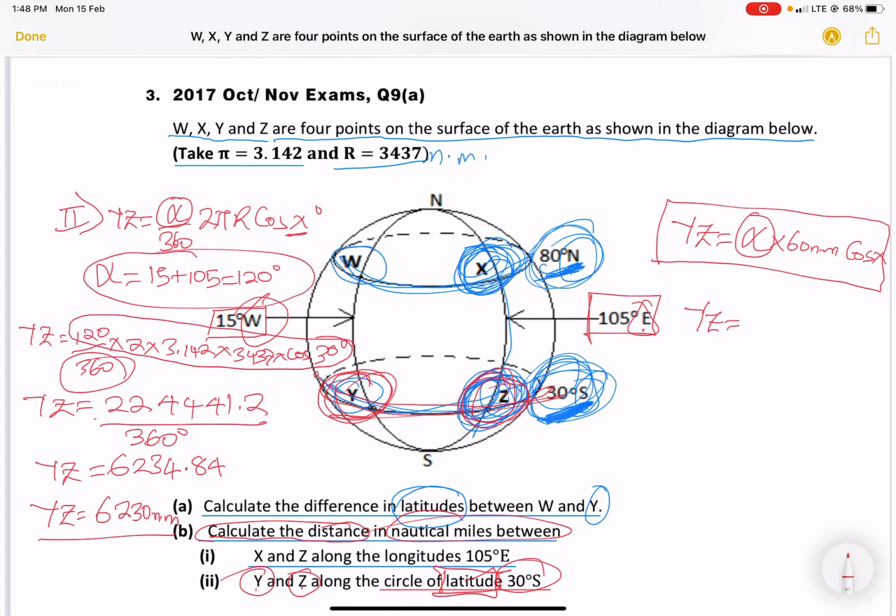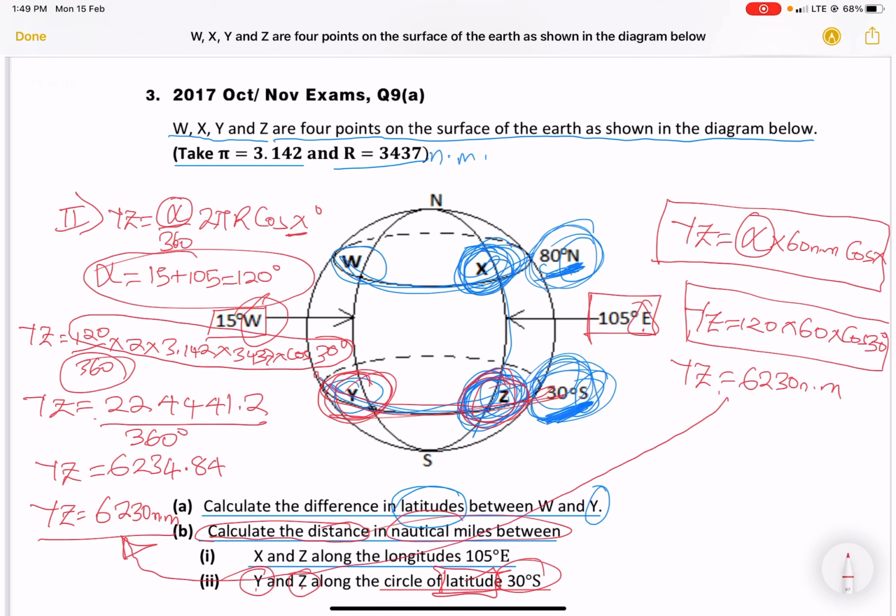Alpha is 120 degrees times 60 times cos 30 degrees. You plug these in on the calculator, and it gives you 6,230 nautical miles. You see? It gives you the same answer. As simple as that.